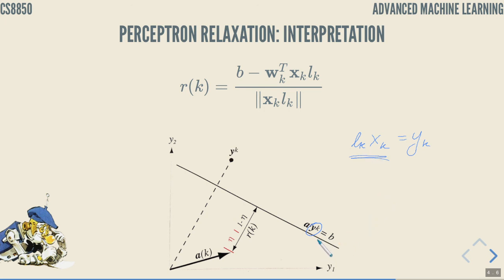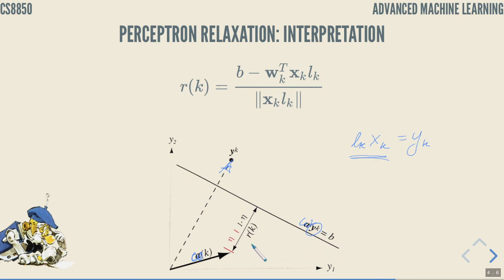But now this new hyperplane, here on the figure, is a function of W. The normal Y_k, or X_k times L_k, is the normal to that hyperplane, and all of the W's that satisfy the equation, that make the equation equal B, fit the solution.